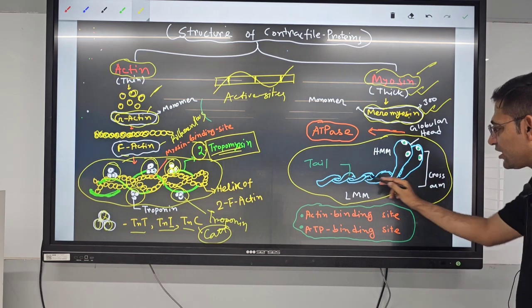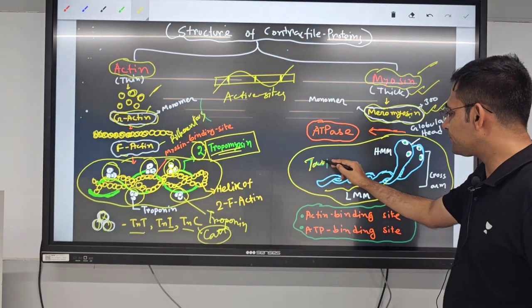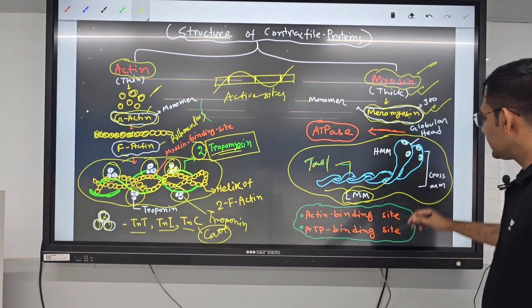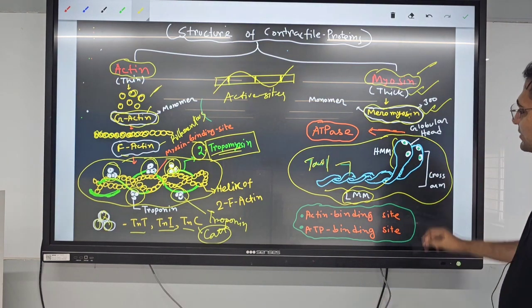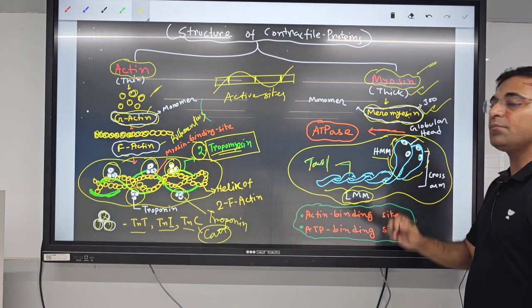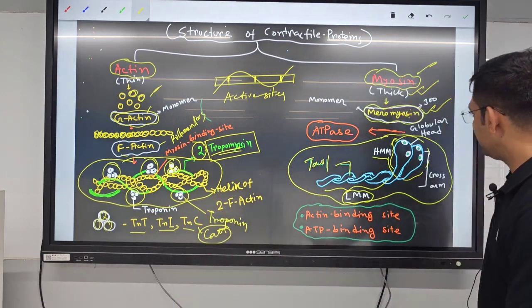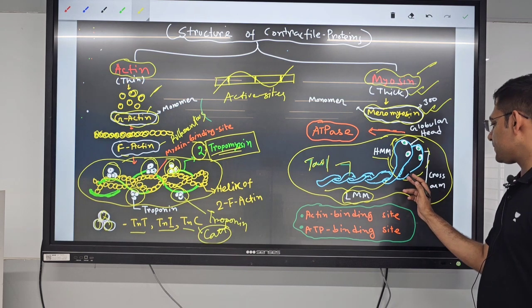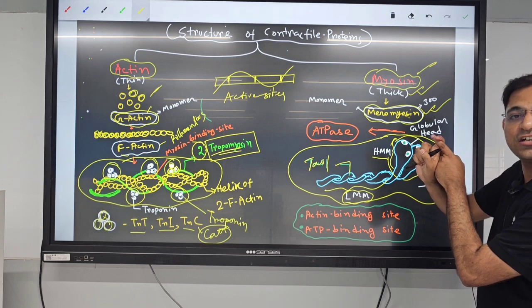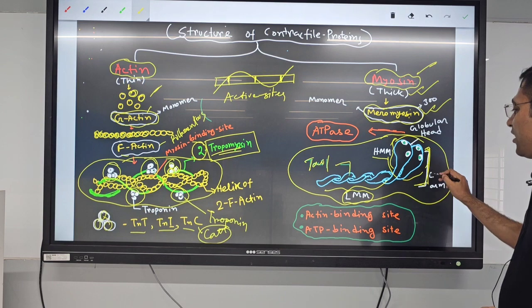If you see the structure, there is a tail segment, which is also called LMM, or light meromyosin. There is a head segment, or globular head segment, which is called HMM, or heavy meromyosin. The head is heavier than the tail. These double meromyosins cross each other while making the head region, so this is called the cross arm.